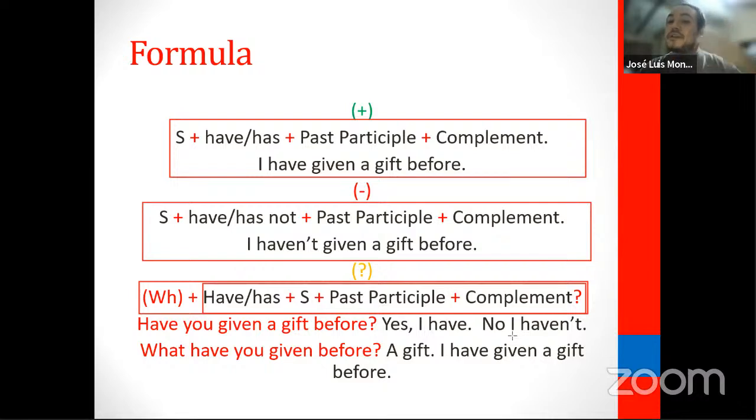All of them in the present perfect, please, following these formulas.